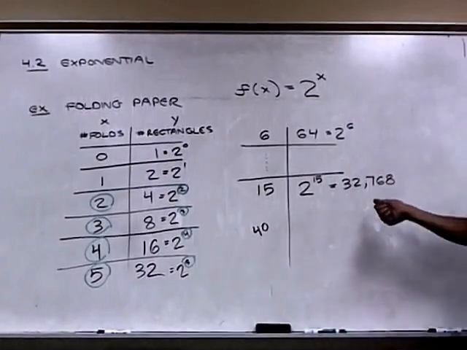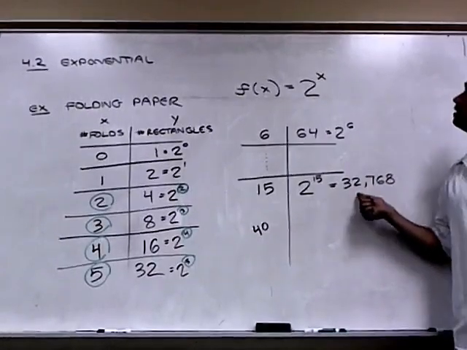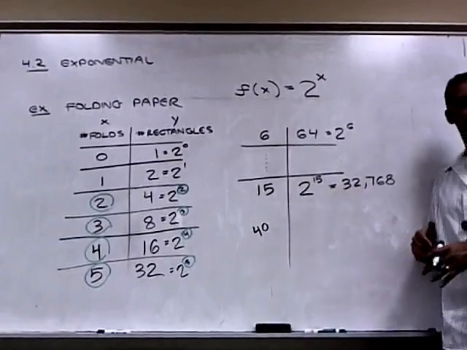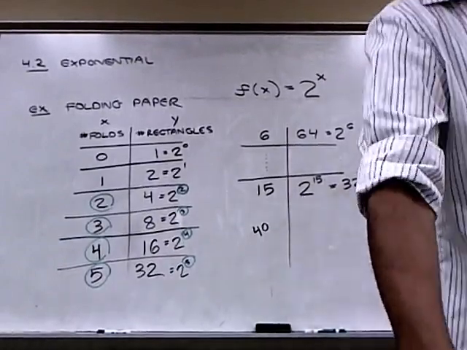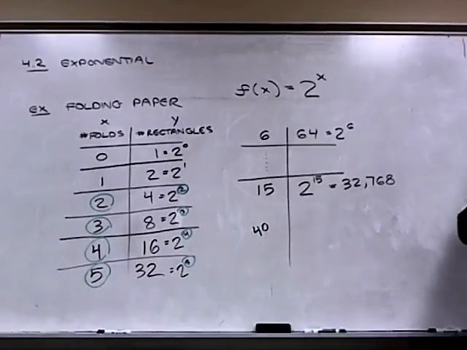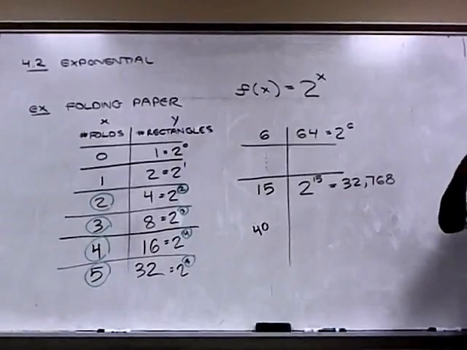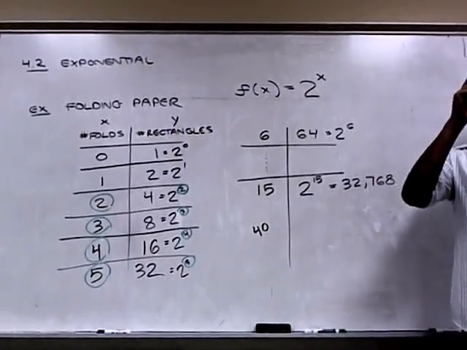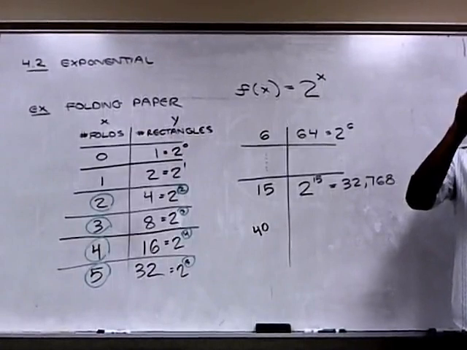Why does it seem not possible to be able to fold the paper 15 times on itself? Think about that. If I start with this sheet of paper, and I fold it once, how thick is it? 2 pages.